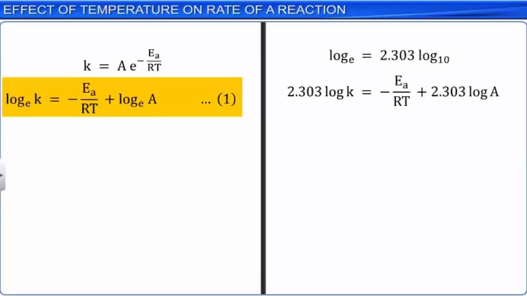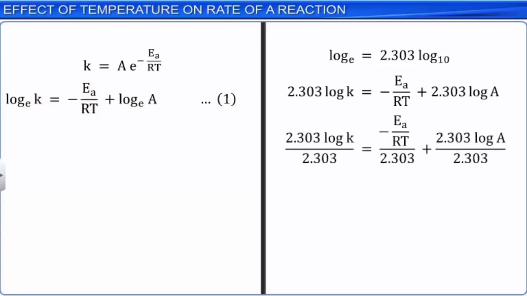On dividing this equation by 2.303 on both the sides, we get log K is equal to minus EA divided by 2.303 RT plus log A. Let this be equation 2.